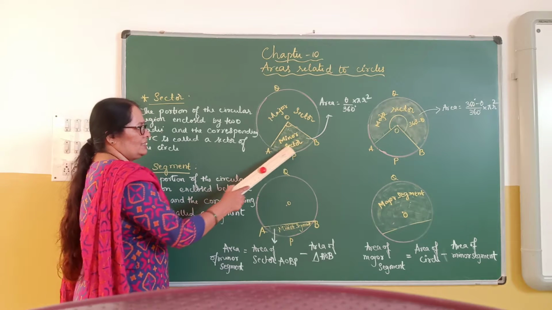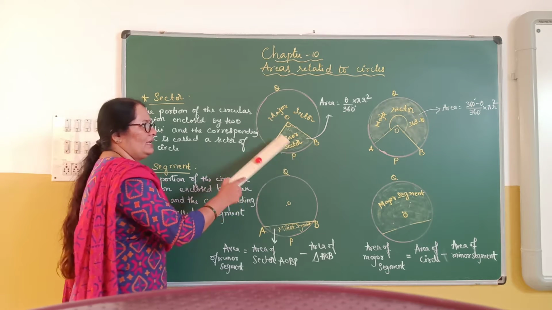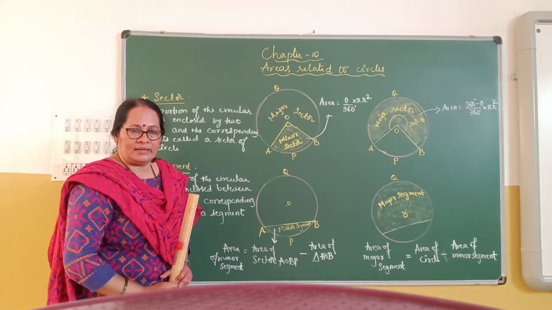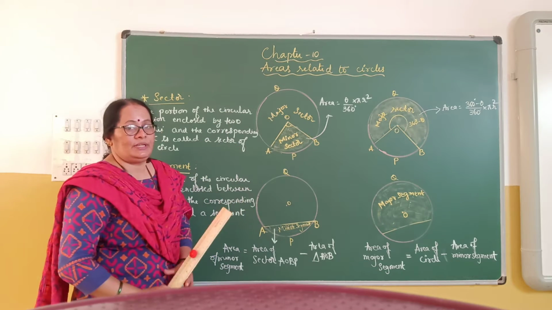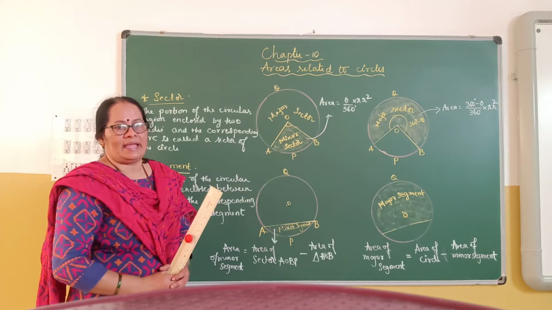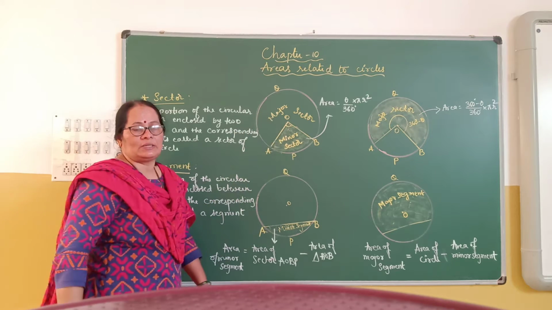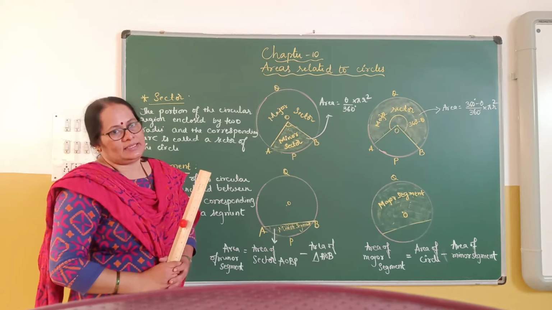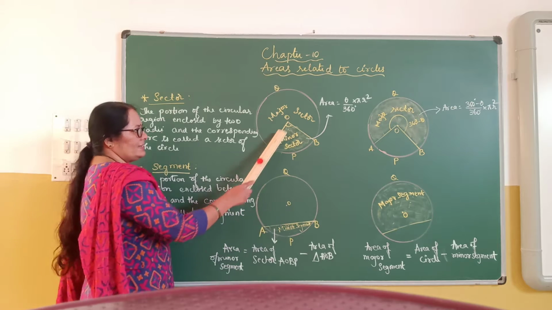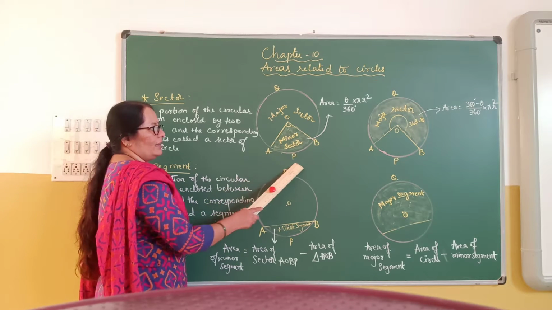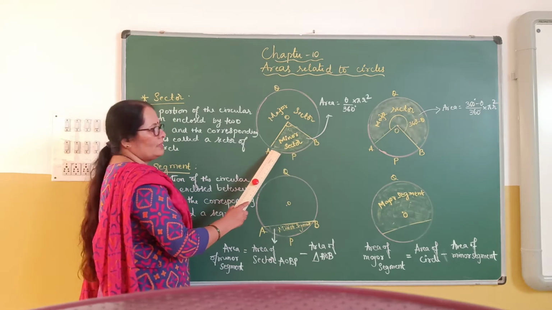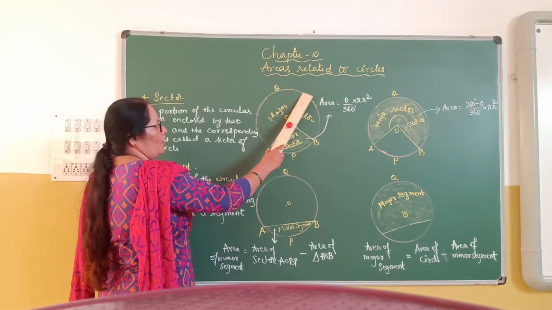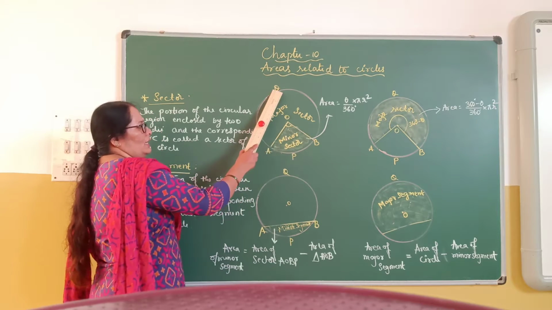This portion AOBP is called a sector. The smaller portion is called the minor sector and the larger one is called the major sector. For the minor sector the corresponding arc is APB and for the major sector the corresponding arc is AQB.